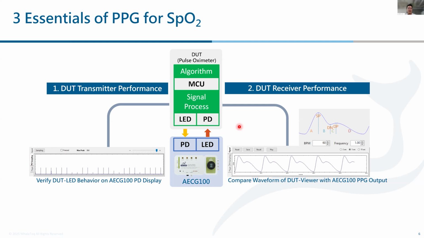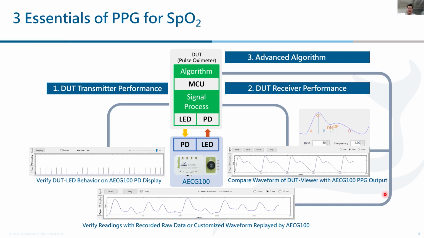But the last is the advanced algorithm, which turns the wearable device literally smart, capable of withstanding the trial of the real world, because we know there are motion artifacts out there, ambient noise out there, low perfusion index, and also skin pigmentation. To adapt to patient diversity, the database will do it, as addressed before.